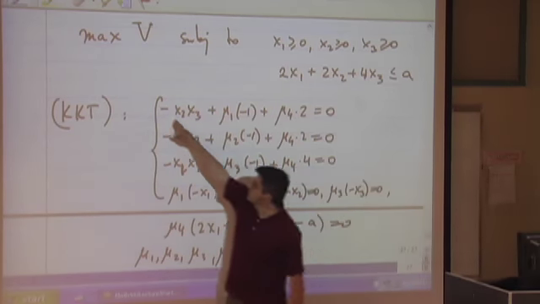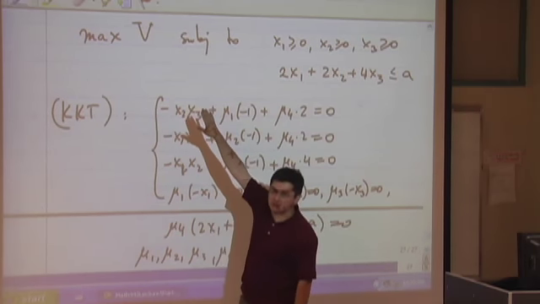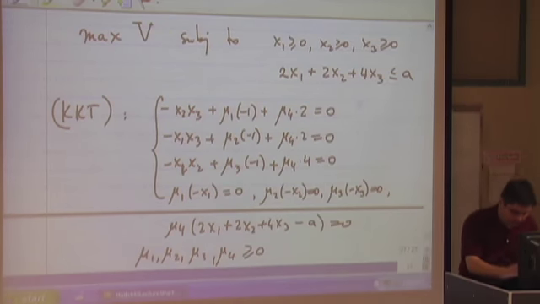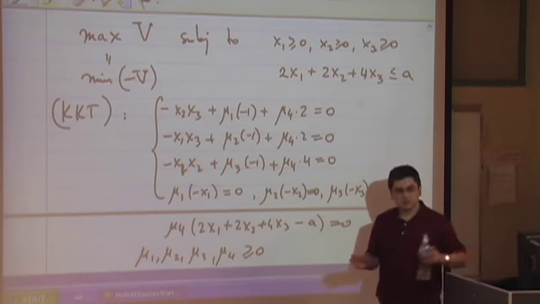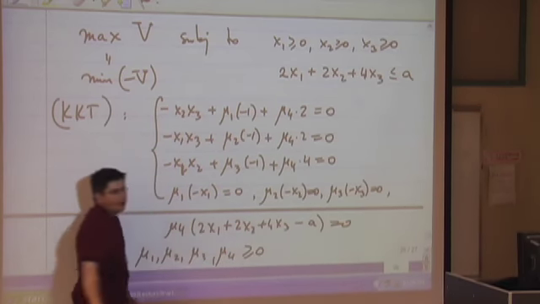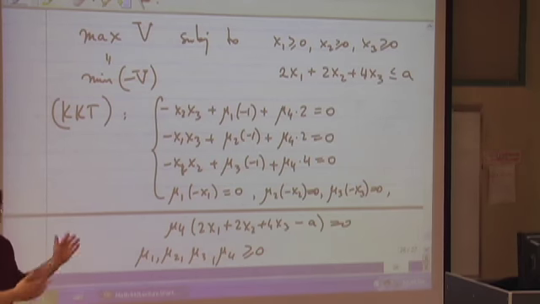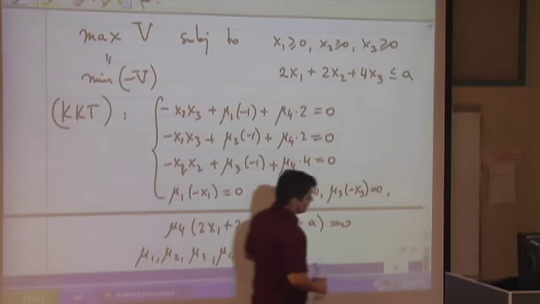Of course, you wouldn't change the function like we did here. So this is the same as minimizing minus v. But then the mu's would have to be negative, not positive. So in fact, it's just working with minus mu's instead of mu's. I mean, not a big deal. So that's what it is.